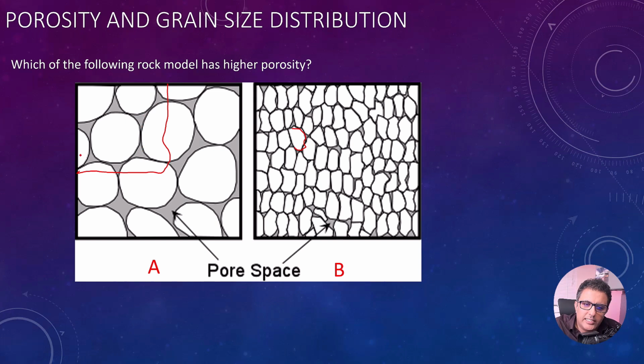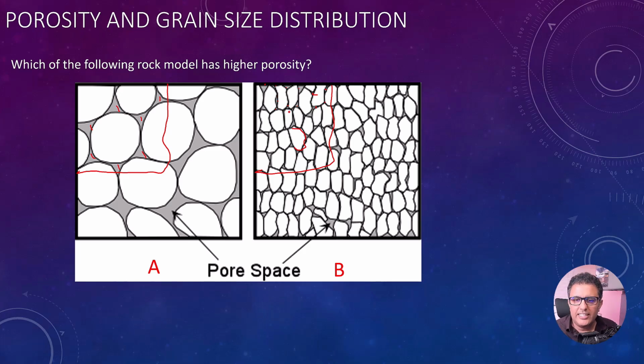I've just selected an area of rock model A, and let me count the number of pores that we have here. We have 1, 2, 3, 4, 5, 6, 7. If I choose the equivalent area within rock model B and count the number of pores, let me see how many pores I'm going to have in rock model B. 1, 2, 3, 4, 5, 6, 7, 8, 9, 10, 11, 13.